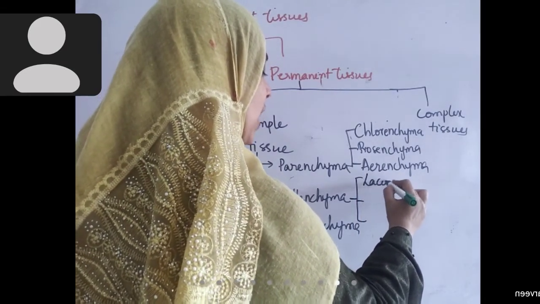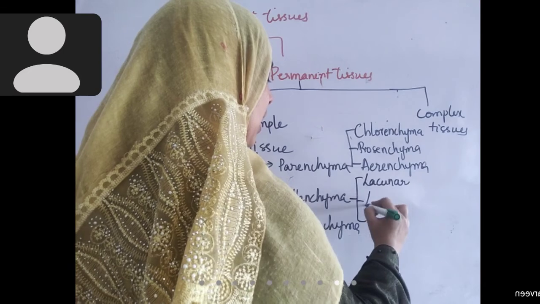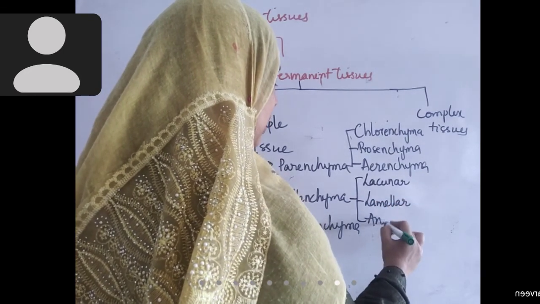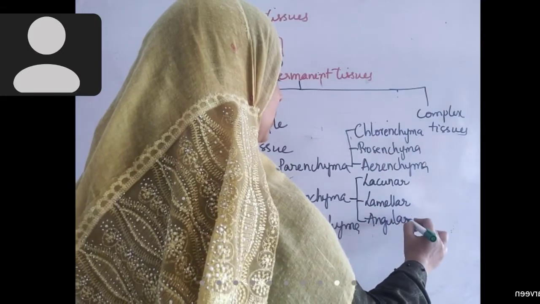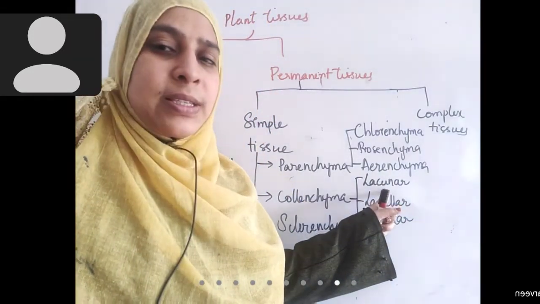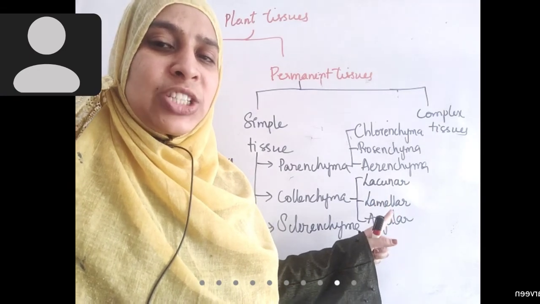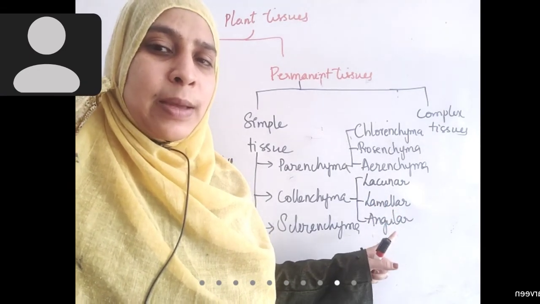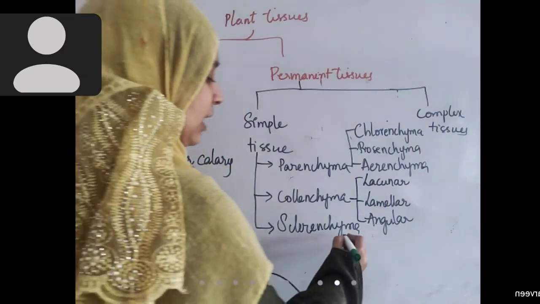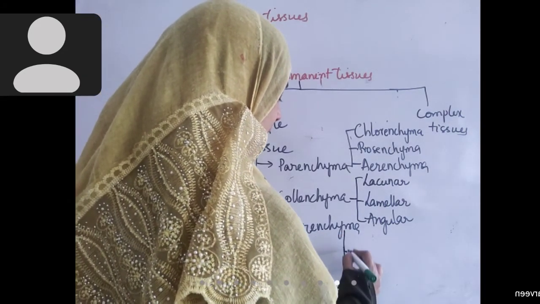Collenchyma is divided into lacunar collenchyma, lamellar collenchyma, and angular collenchyma based on the cell wall depositions. If it is present in intercellular spaces, lacunar; present in tangential region, lamellar; present in angular region, angular collenchyma. Sclerenchyma is divided into two types.